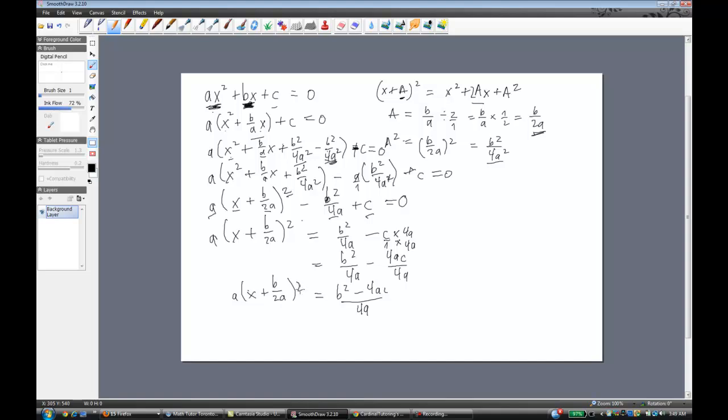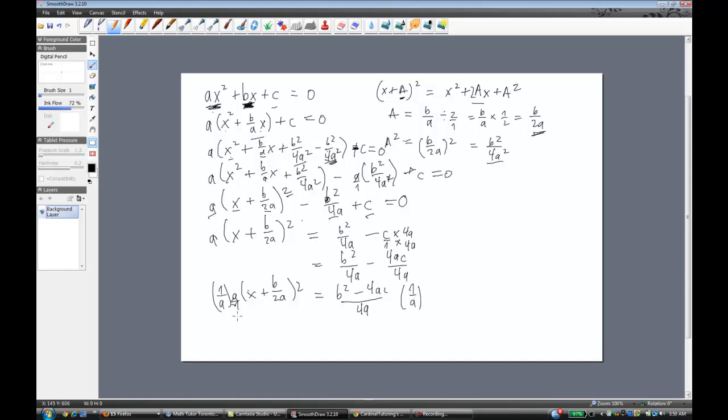squared. The next step, of course, is to unwind the next to last operation, which is multiplication by a. And in order to do that, we multiply by 1 over a, or divide by a. Okay, and multiply by 1 over a here.